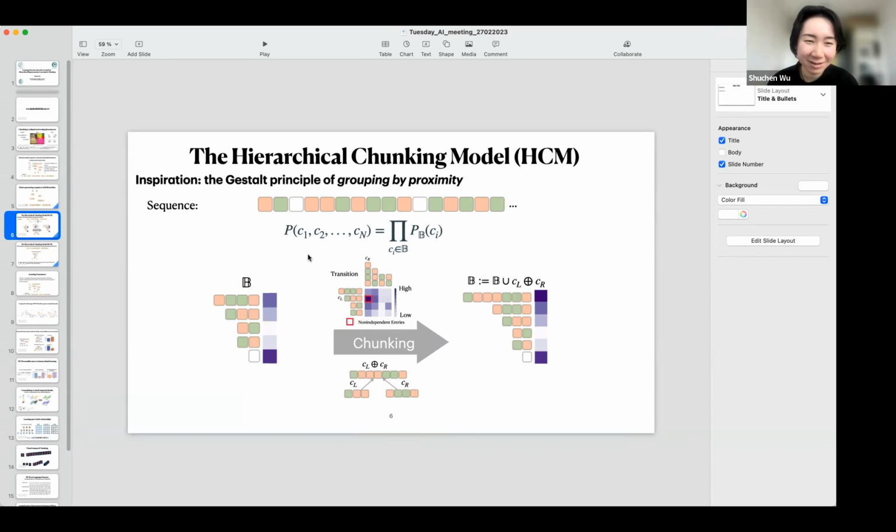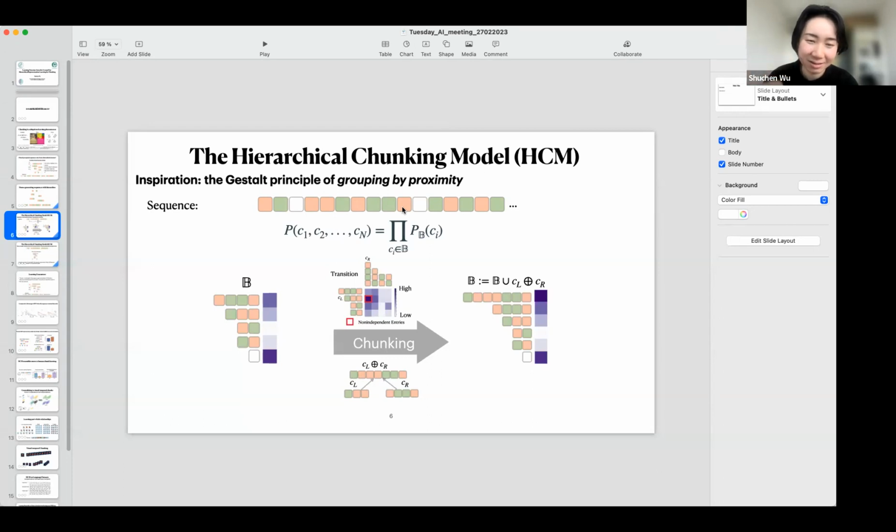The online one starts like this: at every parsing point of the sequence, I start from here, parse these two together, and then update this chunk. Then I parse another set together and update another chunk.